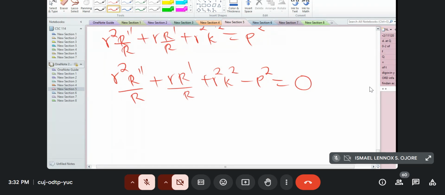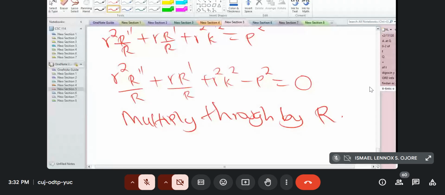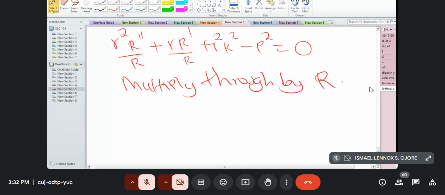Let's get rid of the capital R in the denominator, so we multiply through by that capital R. I hope I'm not too fast. I'm really trying to slow down. If you multiply through by R, it will disappear from the first term as well as the second term.